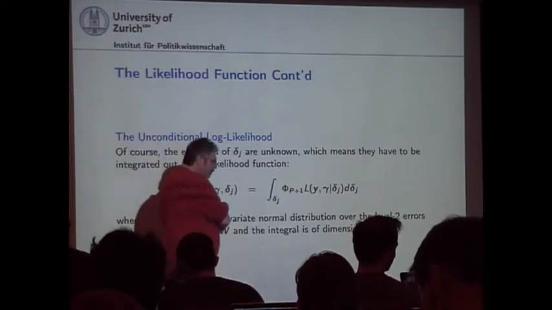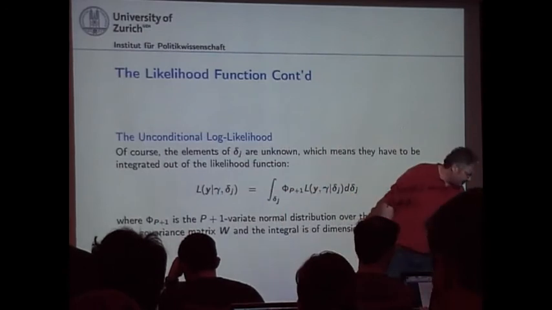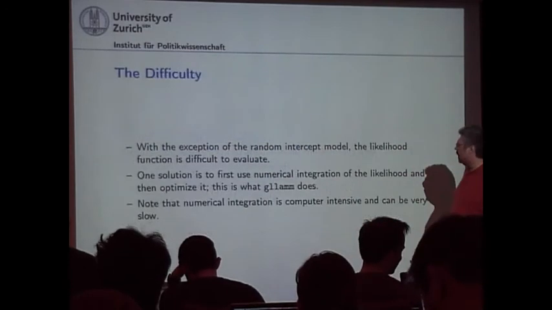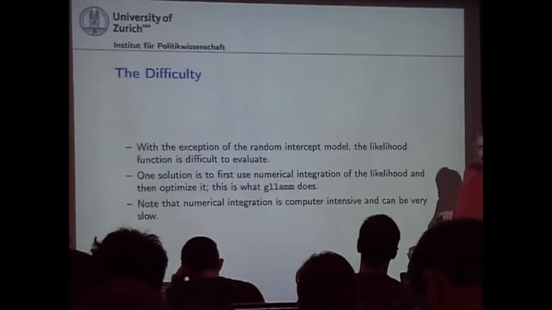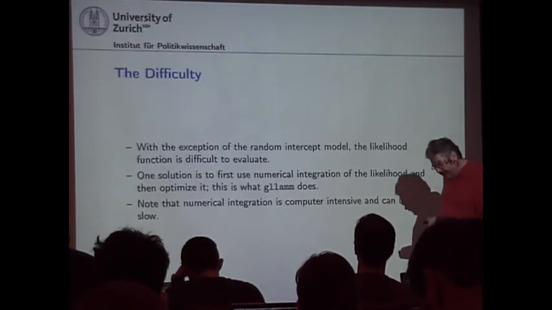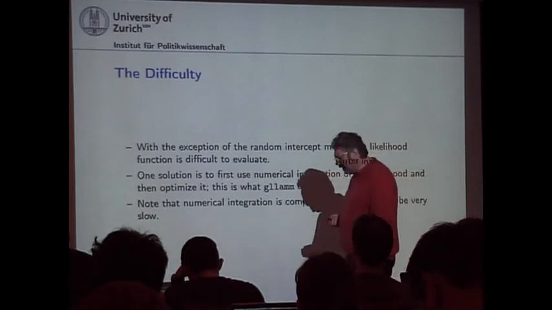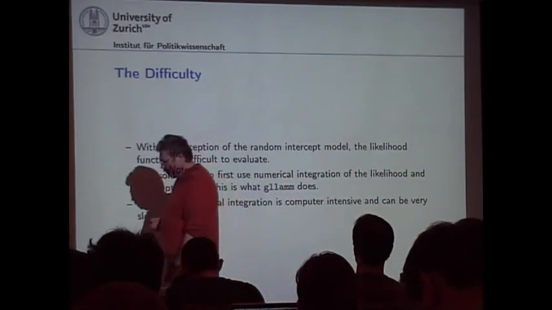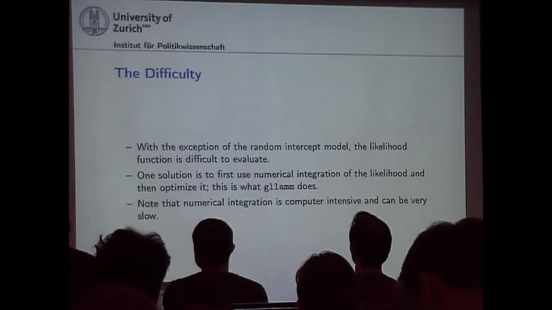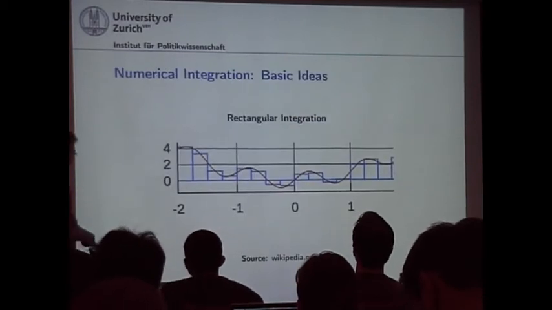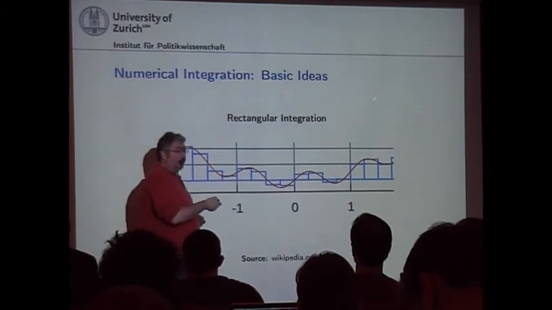Now, I want to just briefly say a little bit about this without getting too involved. Adaptive quadrature is an approximation method for an integral. And there are many different approximation methods for integrals. One thing you could do is to do rectangular integration.